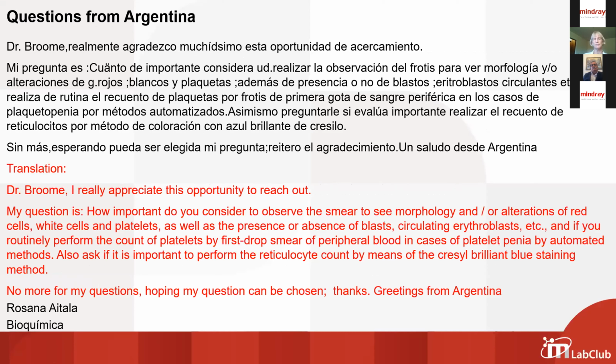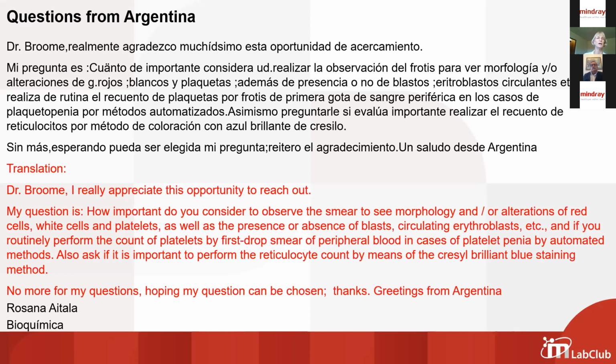Well, everybody has their rules for when to make a blood smear and when to look at it, and I could share those rules with you. We would make a smear on any patient that had a platelet count that was low for the first time.